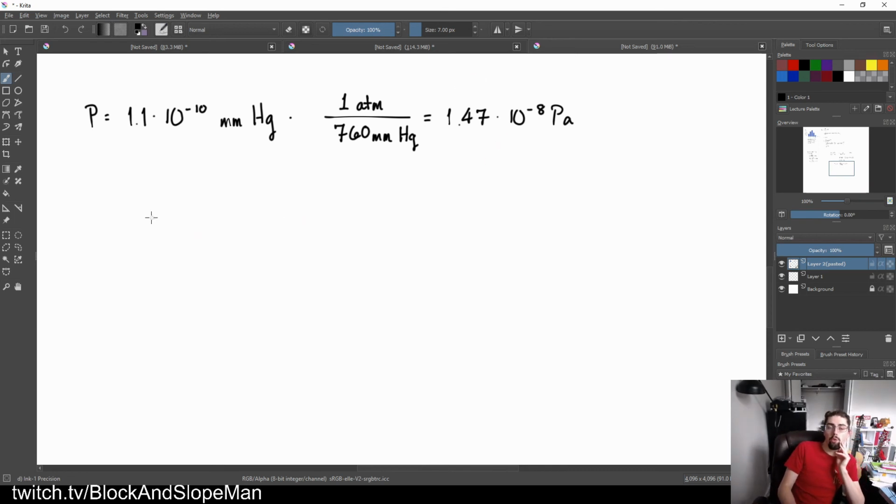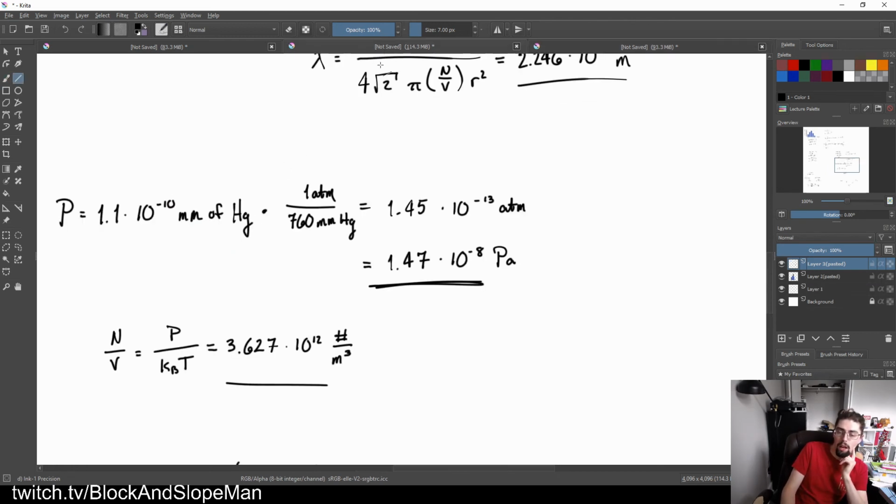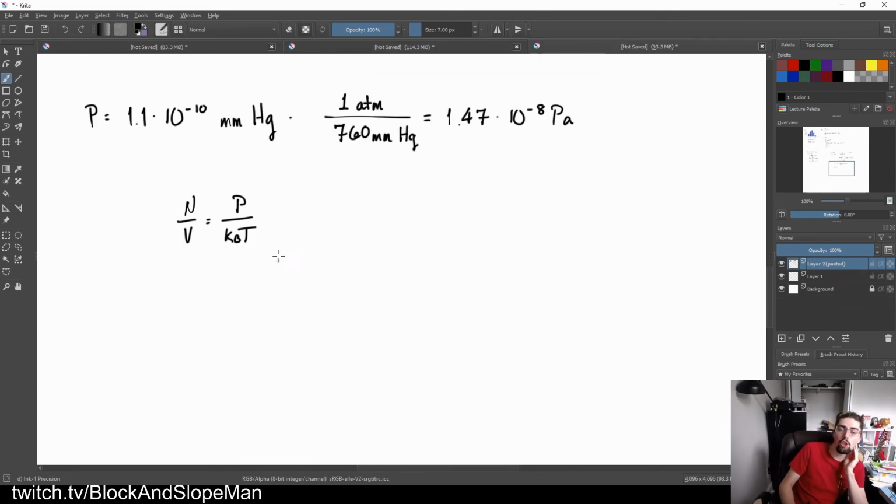So, we're going to go through the exact same process again with finding that number density. We say that number density is equal to 2P over kBT. We assume it's the same temperature. It seems reasonable, right? It's still room temperature. And what we would find now is 3.627 times 10 to the 12th, and again, I like to write number per cubic meter.